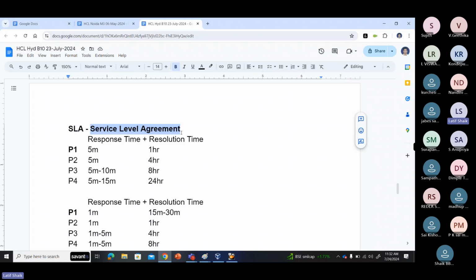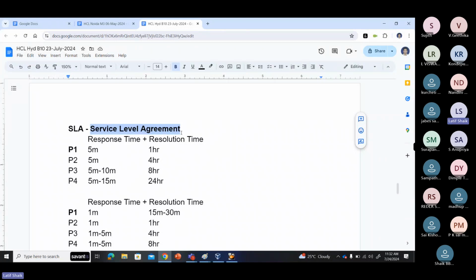It depends upon the client organization and the service. The timelines for response and resolution times are defined by the service provider and the client; both sit together and define these timelines.